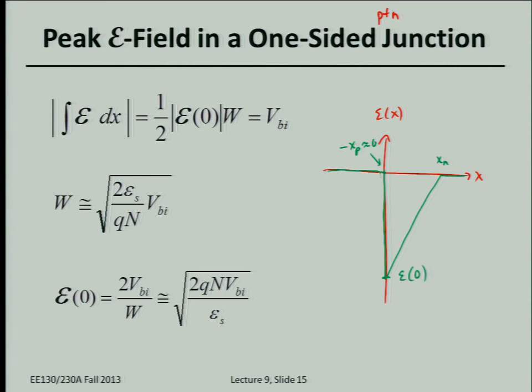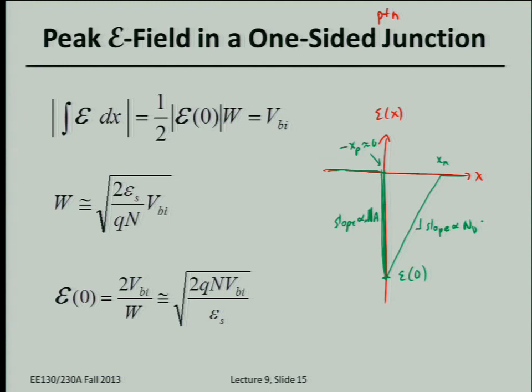Remember the slope of the electric field is proportional to minus N_A. If N_A is much greater than N_D, that's why it's much steeper, a steeper negative slope on the left side versus the right. But the electric field is continuous at the junction, so that's why the width of the depletion region is negligible on the heavily doped side. So it just looks like a right triangle.